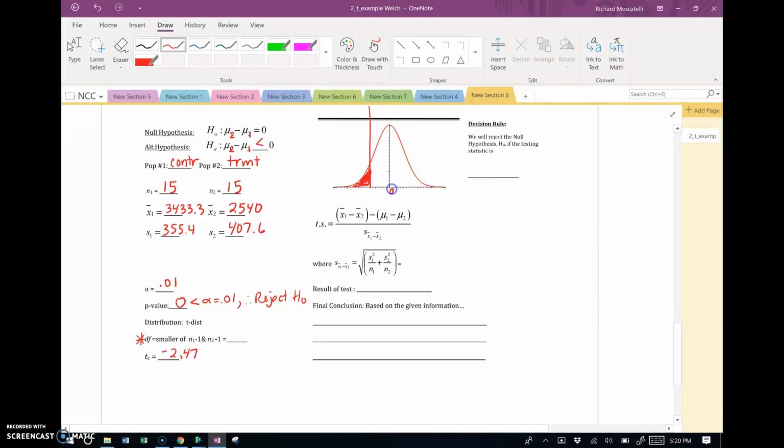And I don't have a way in JMP to do it in this direction, mu1 minus mu2. So that's why I changed the direction here. So this is my critical t-score. And that critical t-score is negative 2.47. And this is 0.99. This is alpha equals 0.01 for area. So here's my fail to reject region and reject region.